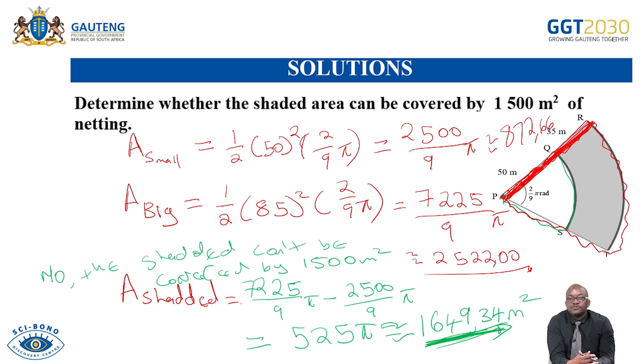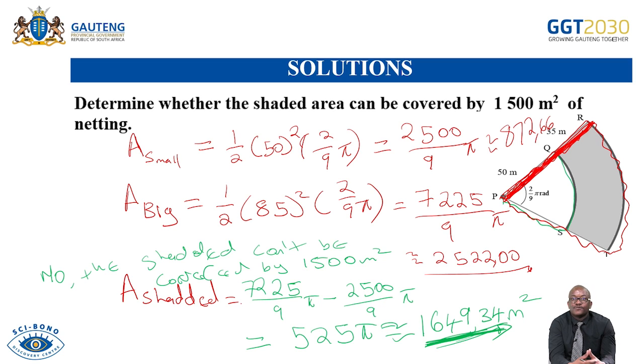That's how you will put your conclusion, because they said you must determine whether it can be. Remember, it's very important to write your conclusion, because conclusions also have marks.